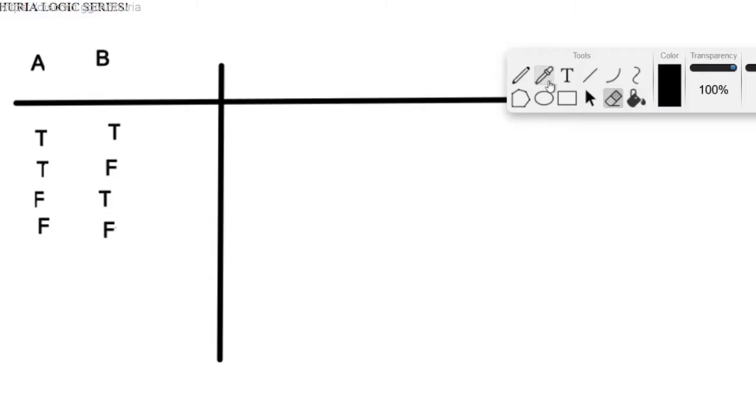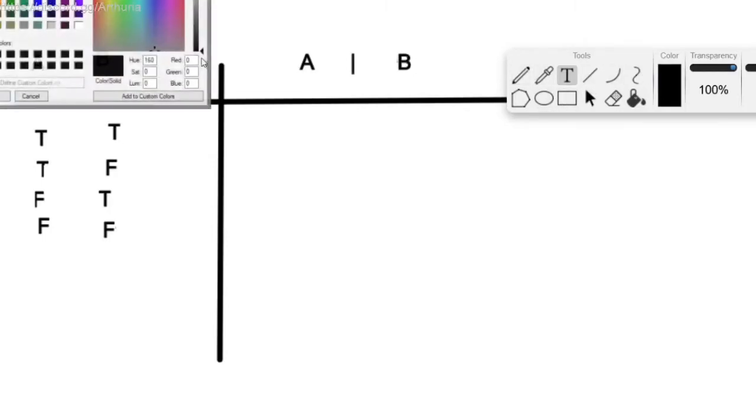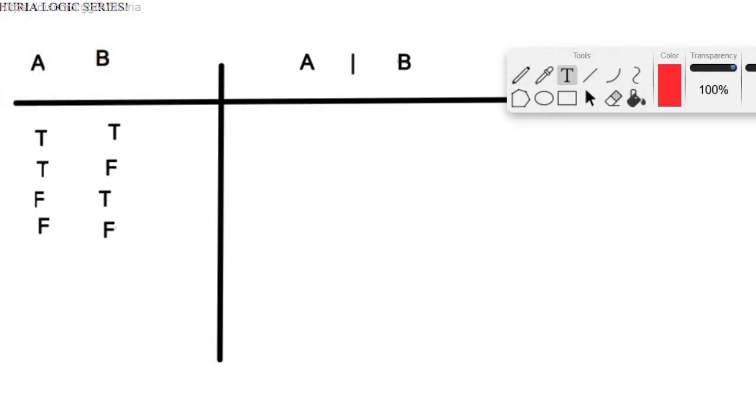And so this is what a truth table does. When I have the statement A or B, I look at what happens when A is true and B is true. Because it's an inclusive OR, it's true.